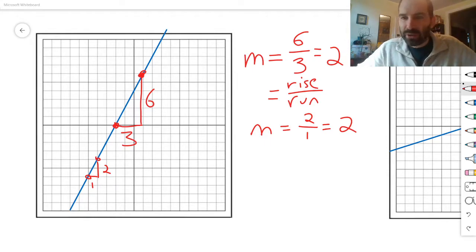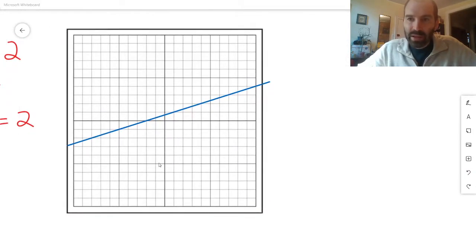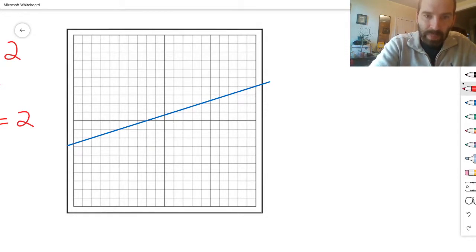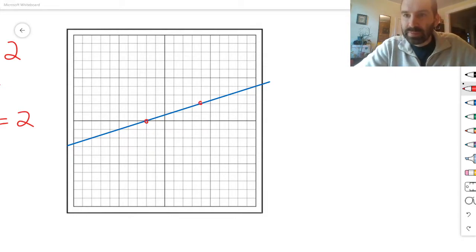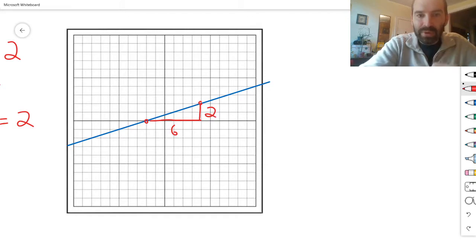Okay, let's look at a line that's a little bit more of a gentle slope. On this line, let's choose this point and this point. Let's see what our rise and run are. My run is 1, 2, 3, 4, 5, 6 to the right, and I went 2 up.